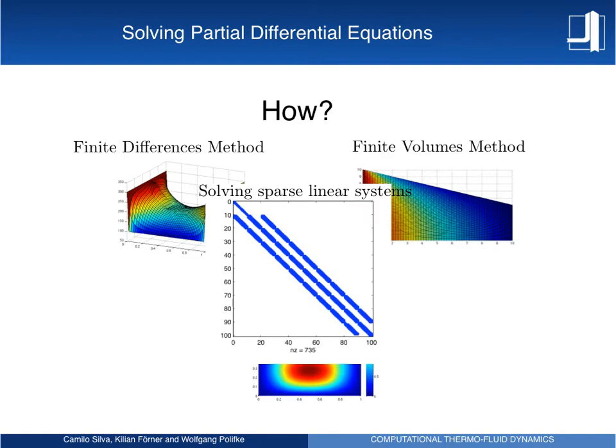And this is actually the case if we consider the Laplacian in our heat equation. We will see how solving this linear system is crucial to obtain the answer that we desire as the output of the partial differential equation, which is in our case the temperature.